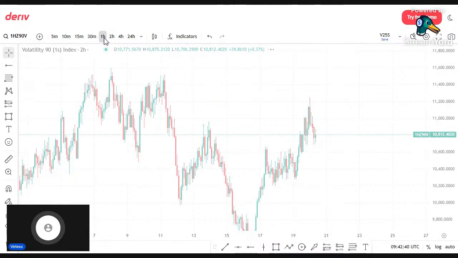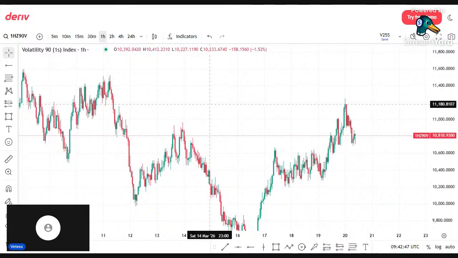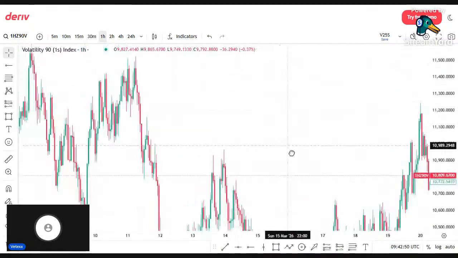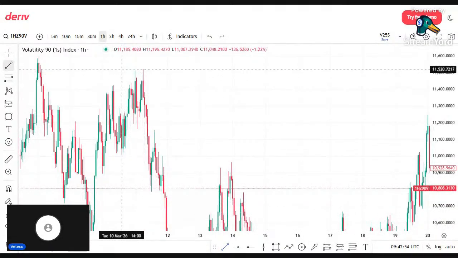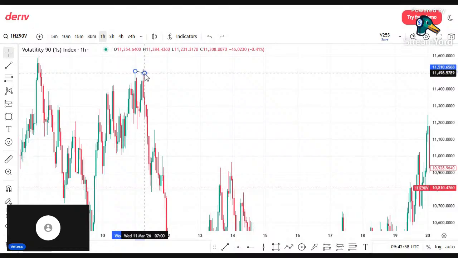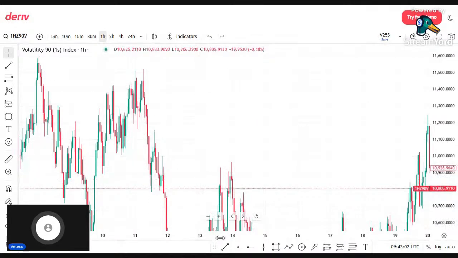Let's check the 1-hour time frame on V91S. Clearly, we have a sweep of liquidity, which is this. Remember, the highest high before the protected high is your sweep of liquidity.